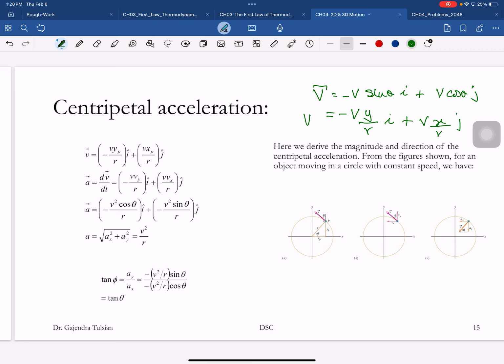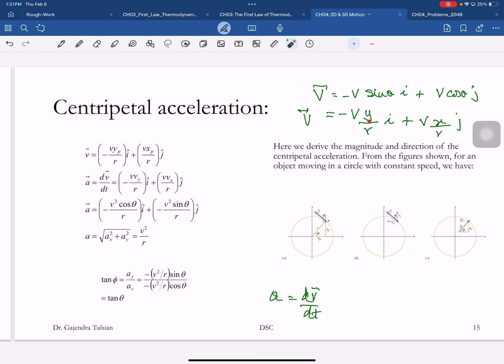All right, there's the velocity. Now, if we want the acceleration, we'll take the time derivative of that. Let's see what all is changing here. Is v changing? v is the speed, that's just the magnitude. No. Is r changing? r is the radius of the circle. No, that's not changing.